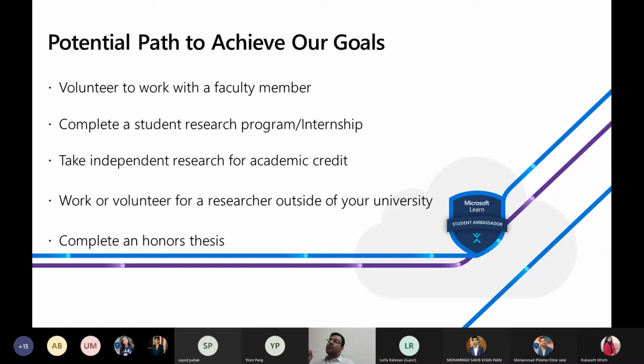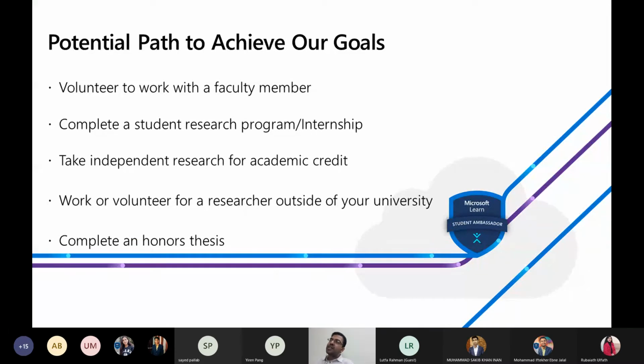Even if that work is not very research oriented, at least get acquainted with those kinds of work. Just volunteer, because that is a path to dive into more intensive research work.